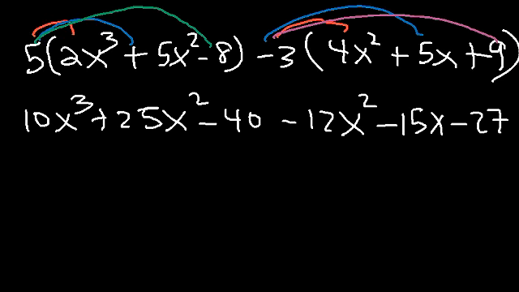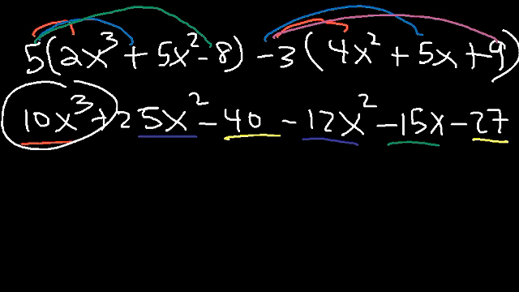So now what we need to do is combine like terms. So we only have 1x cubed, we have 2x squareds, one term with x, and two constants. So we can't combine 10x cubed with anything, so let's simply rewrite it in the next line. So 10x cubed.